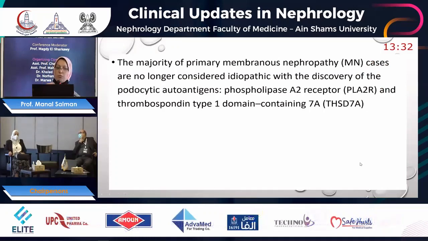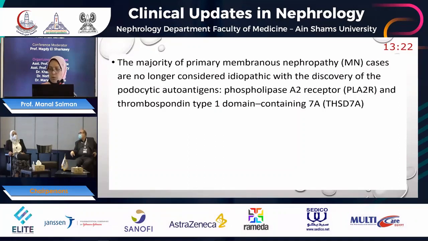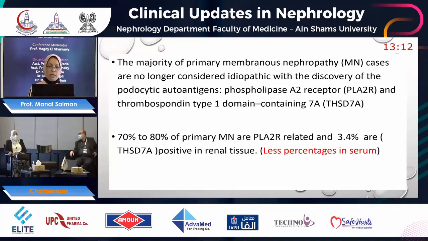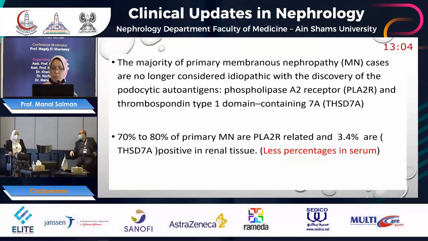The majority of primary membranous nephropathy cases are no longer considered idiopathic. In the past, all primary cases were called idiopathic. Now no. With the discovery of podocytic autoantigens, phospholipase A2 receptor and thrombospondin type 1 domain containing 7A, when these receptors are present there are autoantibodies, so we find 70 to 80% of primary membranous nephropathy cases are positive for phospholipase A2 receptor in the tissue, and 3 to 4% are positive for the other antibody, with lower percentages in the serum.